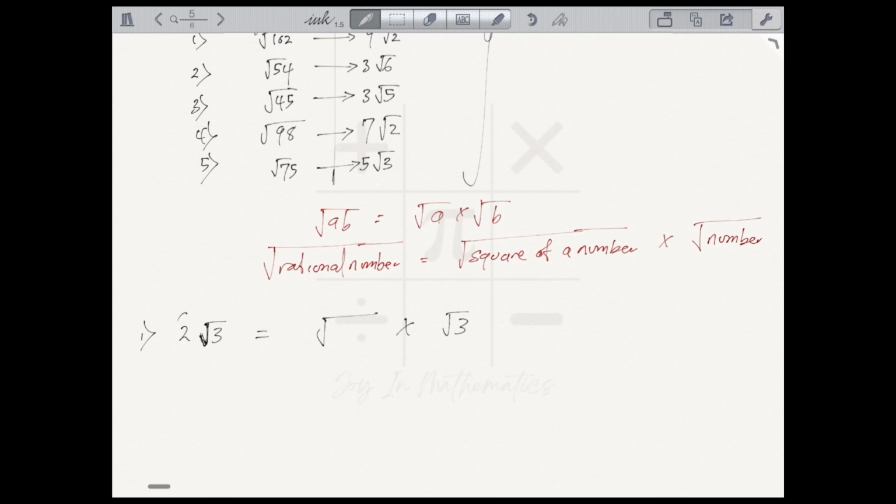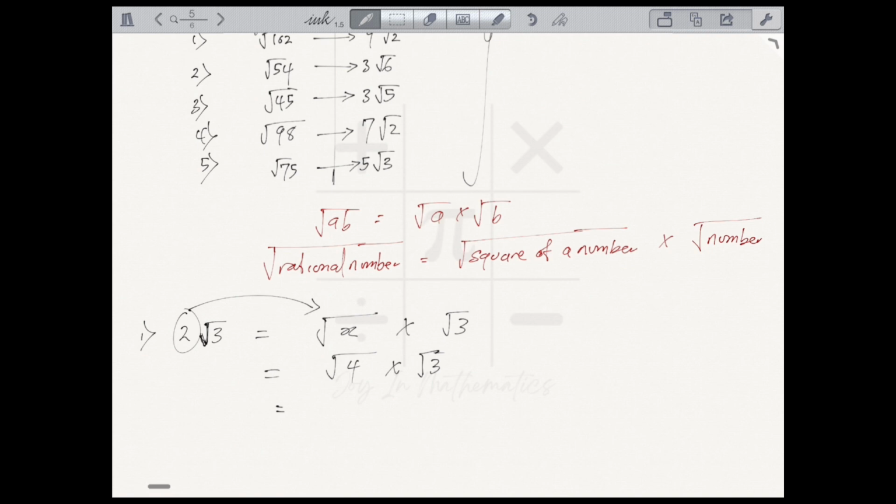The question is, what will be in the square root? What x is such that root x is 2? x will be 4, because the square root of 4 is 2, and that will be multiplied by root 3.